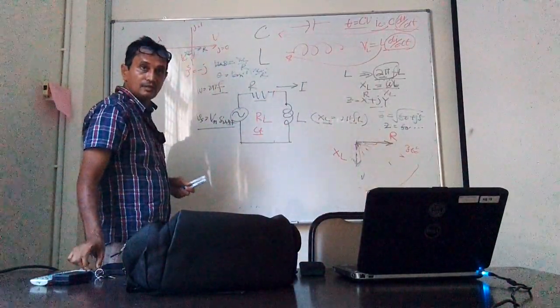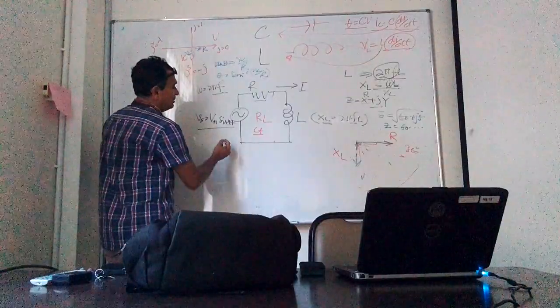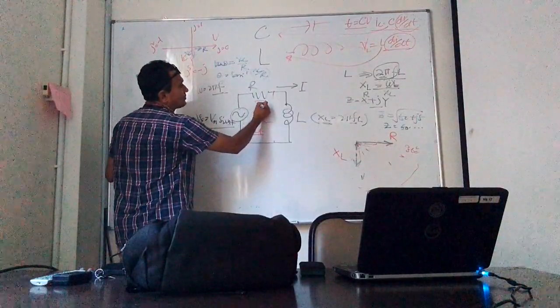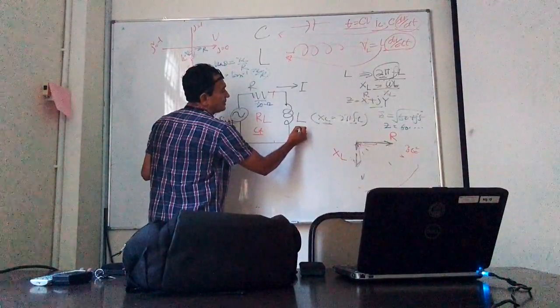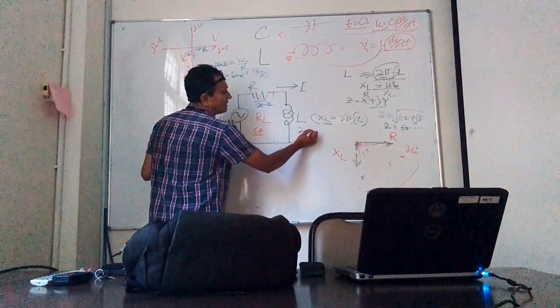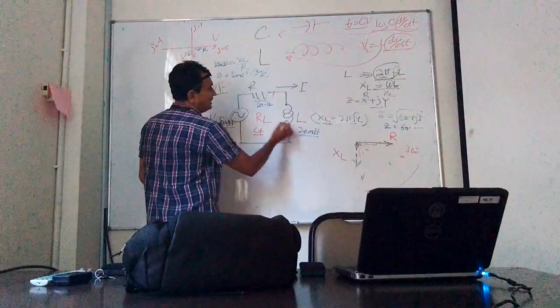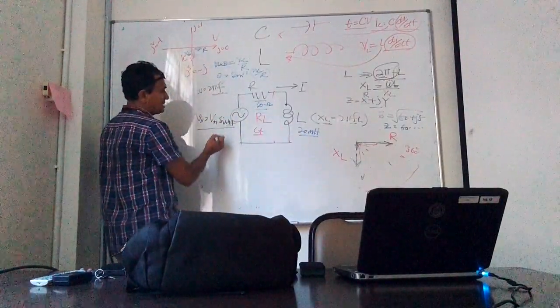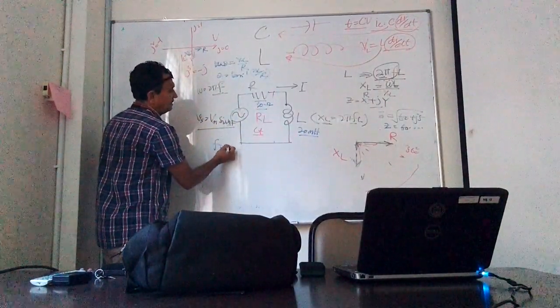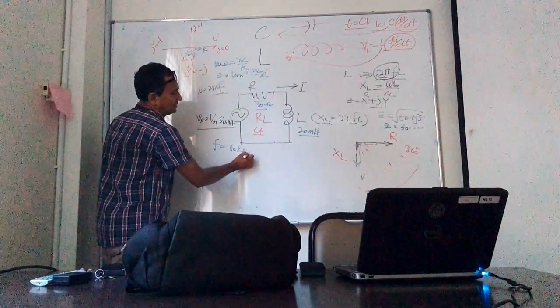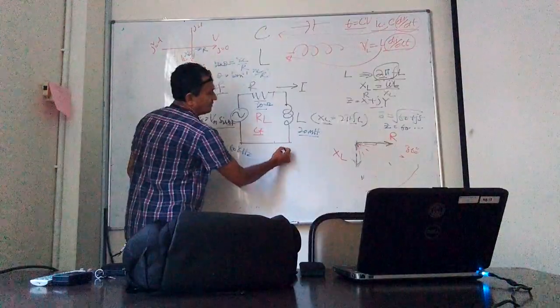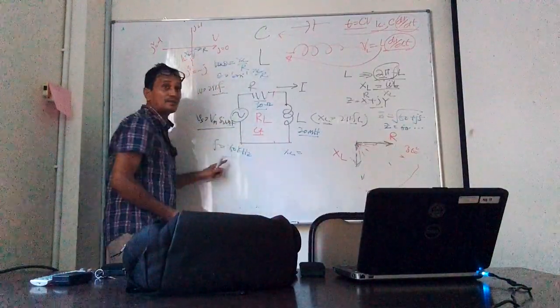Say the resistance R equal to 50 ohms, the inductance equal to 20 millihenry, and the supply frequency is 60 kilohertz. Now calculate the inductive reactance. XL, how much?